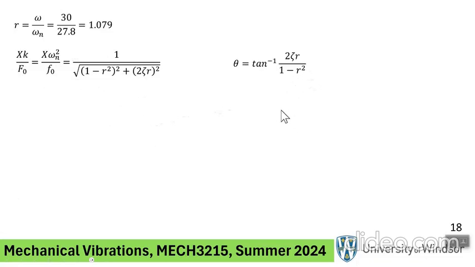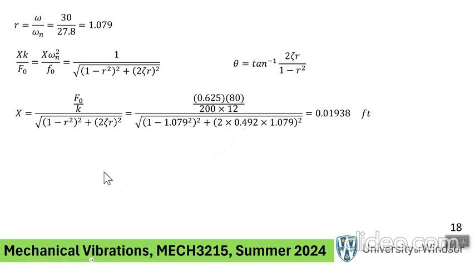And there's the expression for the phase angle. All right, so it looks like we're going to use that version of it. That's because F naught is given directly in terms of that pressure. Of course, you have to multiply it by the area.